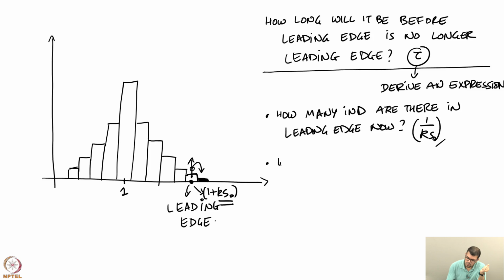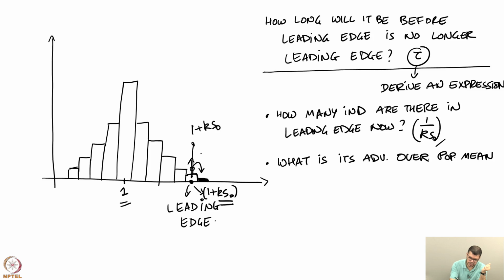Next question, what is its advantage in fitness over population mean? This one is simple. Population mean is 1, leading edge's fitness is 1 plus K times s naught. So, its advantage over the mean is simply K times s naught.